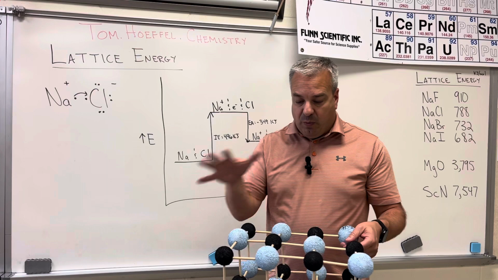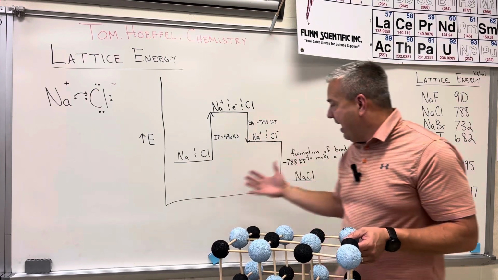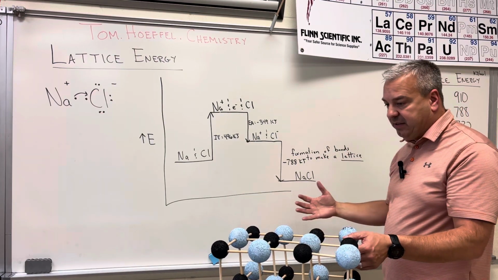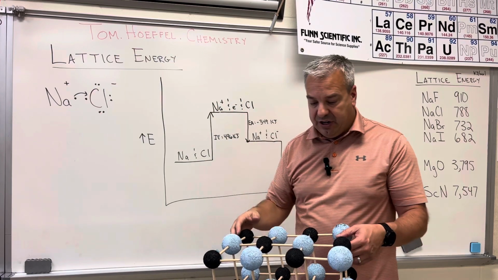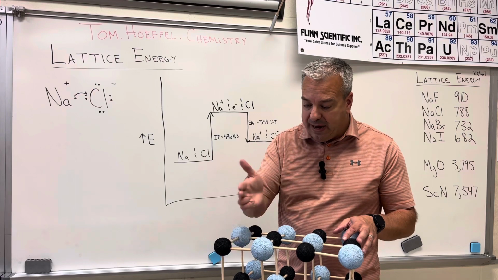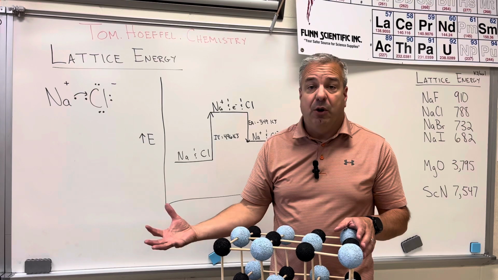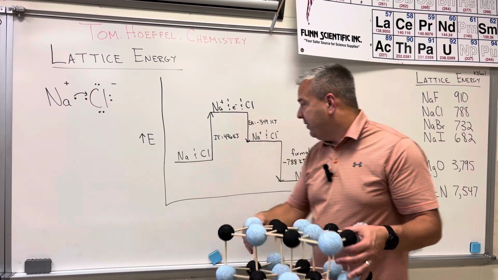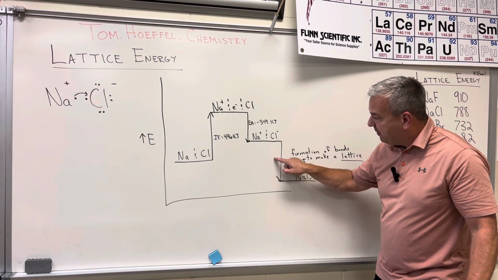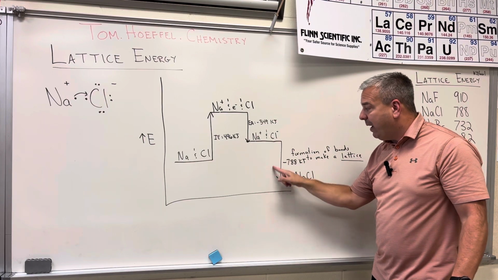Now, when we talk about lattice energy, the definition is actually kind of the reverse of what we're talking about right here. It's not about the formation of the bonds. The term lattice energy is the amount of energy required to break all of these bonds. And if we did that, there'd just be a whole bunch of ions laying around. So lattice energy is taking the compound and separating it into its individual ions, and that would require energy.